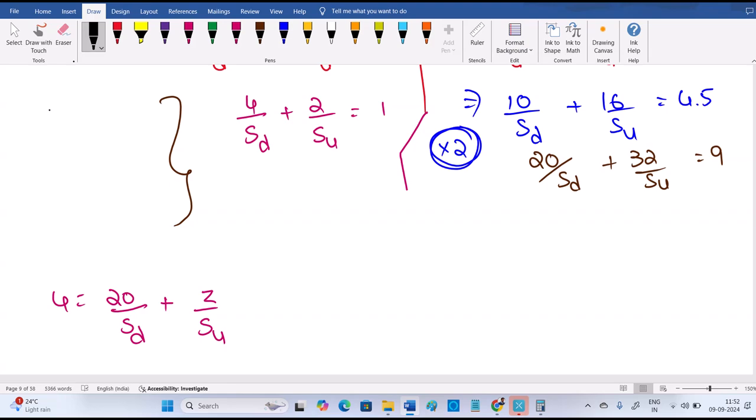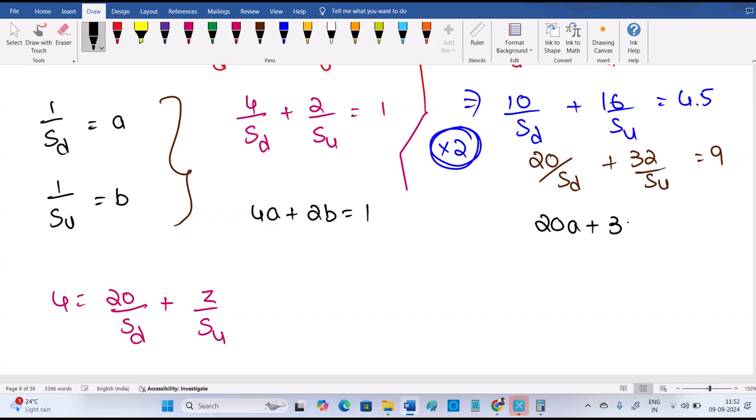No equation also. 1 by SD let it be equal to A, 1 by SU let it be equal to B. Then what will happen? This is 4A plus 2B equal to 1. This is 20A plus 32B equal to 9. You want 20A plus ZB equal to 4.